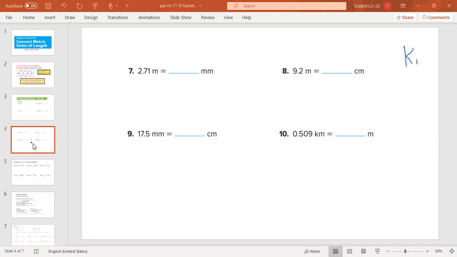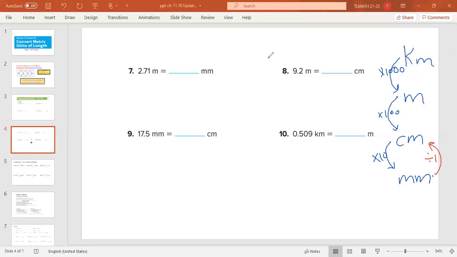Kilometer, meter, centimeter, and millimeter. Now I'm going backward using divide by 10, by 100, and by 1000.